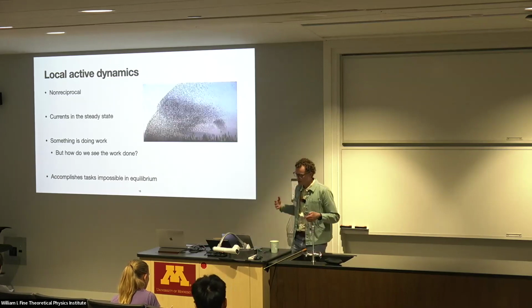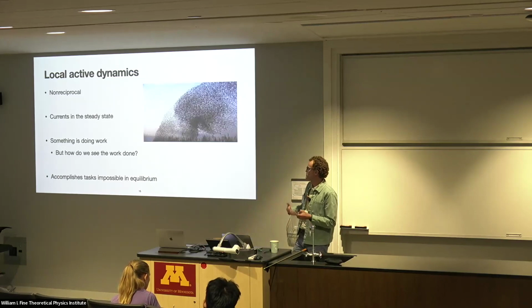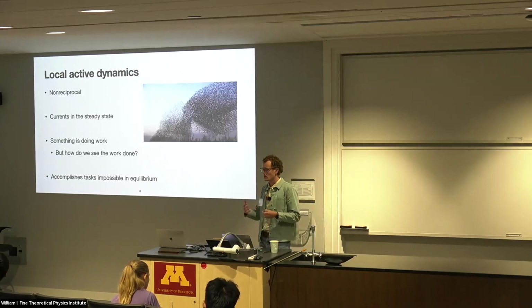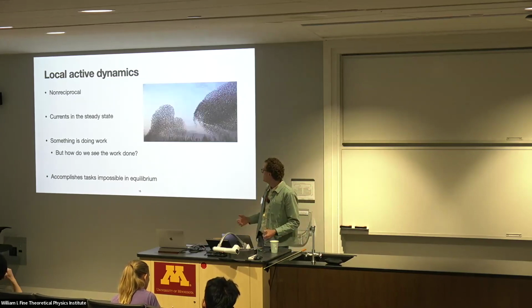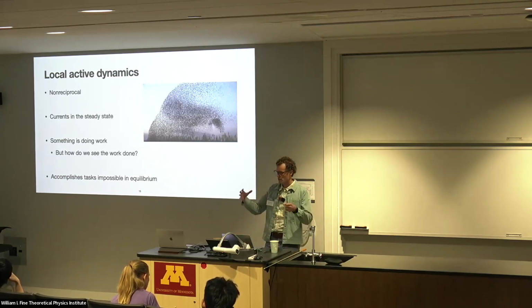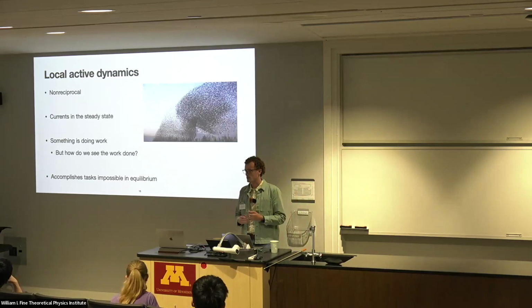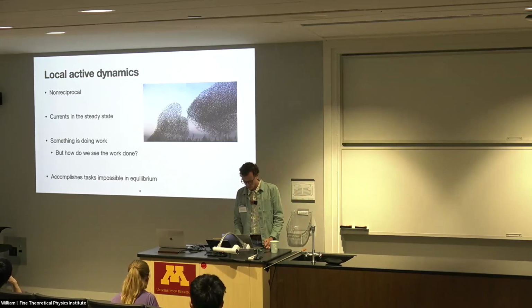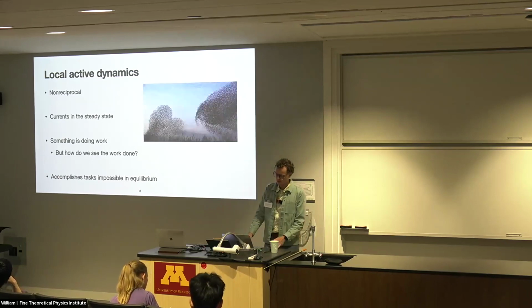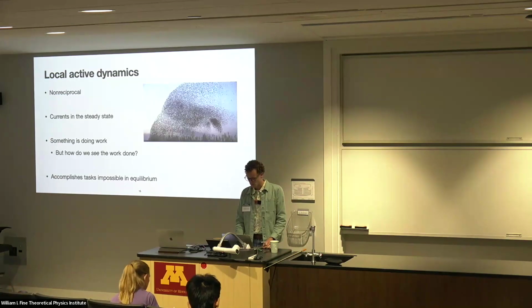What that means is that something is doing work. This is a common perspective to take on active dynamics. But what I want to really push on today is how we can see the work being done on the system. We can say I'm doing external work on the system through this process, and this can allow you to accomplish some task that's impossible in equilibrium.